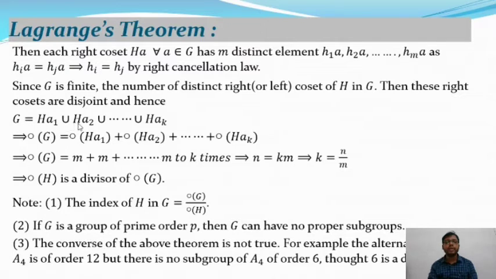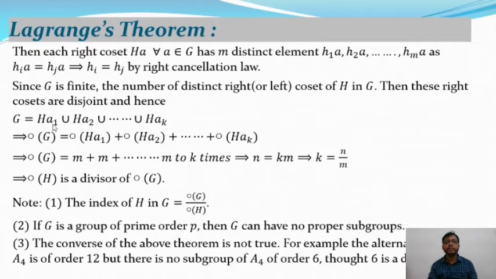Ha1 union Ha2 and up to union Hak. So G is a finite set in that case. The number of right cosets as well as the number of left cosets of H in G are distinct, and their union is equal to G. That means G is equal to Ha1 union Ha2 and up to Hak.